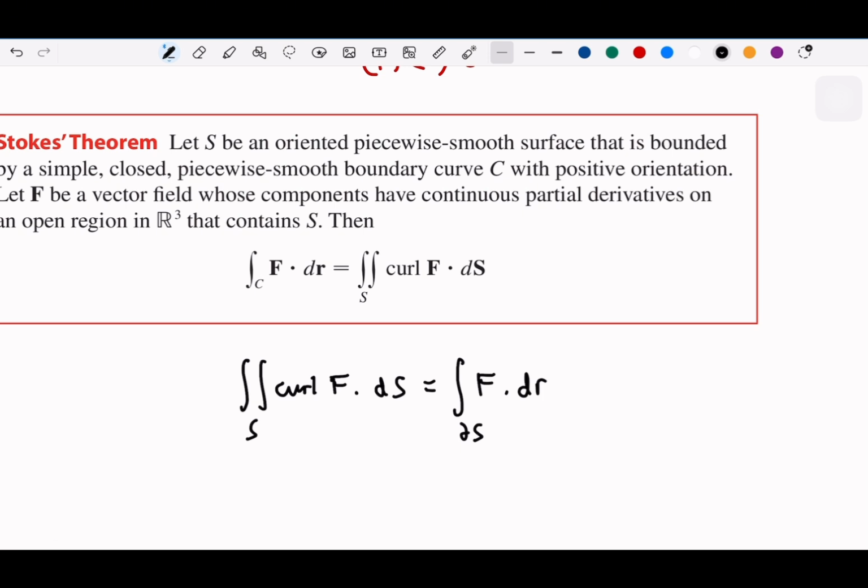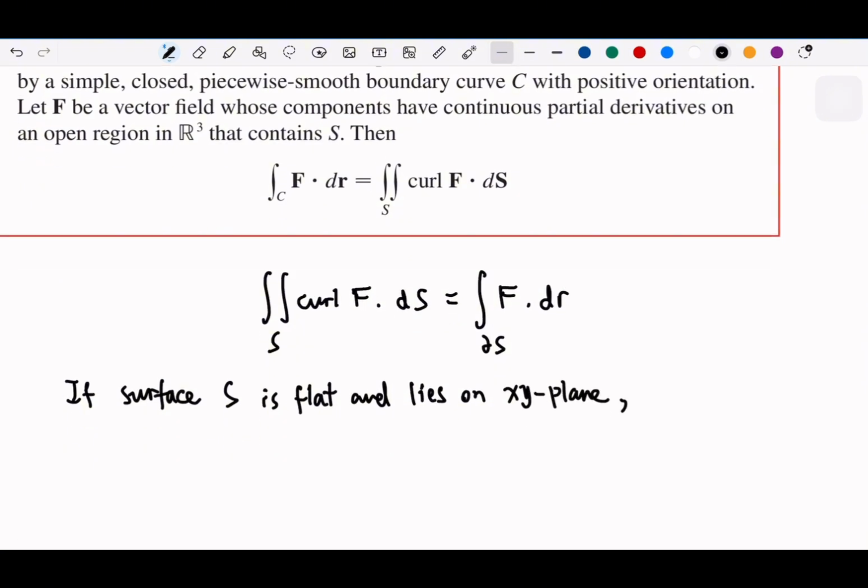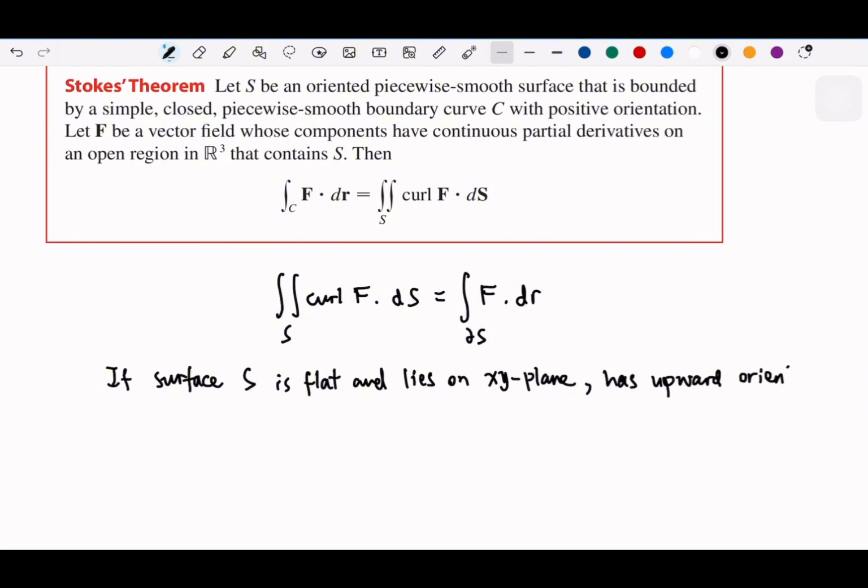Or if the surface S is flat and lies on the xy plane, has upward orientation, then we can write a unit normal. Suppose that this is k, that unit normal.